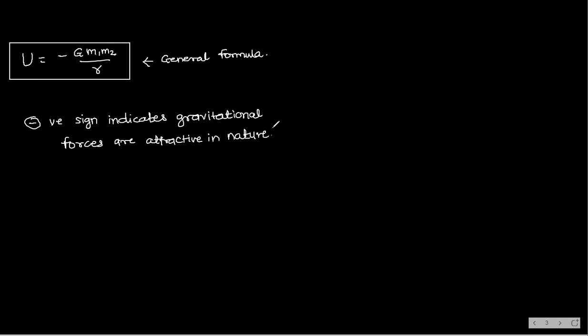And keep it in mind, with an increase in r, does the gravitational potential energy increase or decrease? You get a less negative value, so it will increase. So keep this in mind. One more note point, what is that?